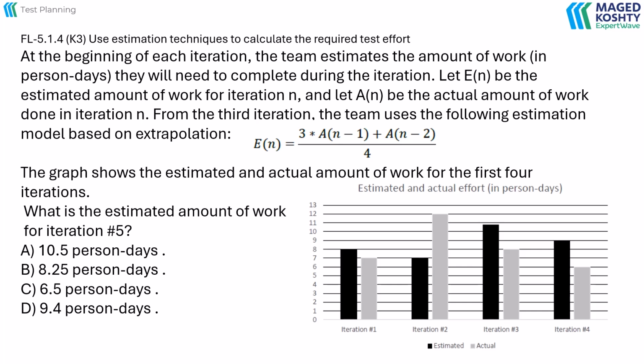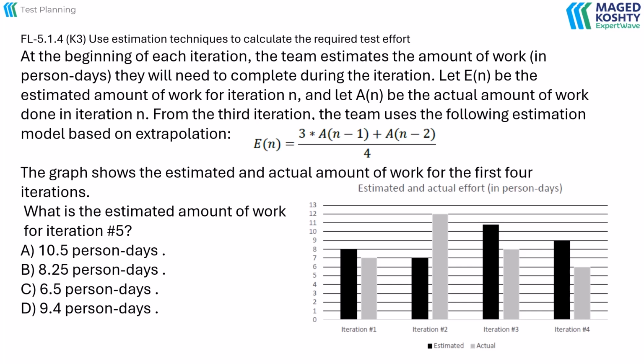Let E(n) be the estimated amount of work for iteration n, and let A(n) be the actual amount of work done in iteration n. From the third iteration, the team uses the following estimation model based on extrapolation, given by an equation. The graph shows the estimated and actual amount of work for the first 4 iterations. What is the estimated amount of work for iteration number 5?